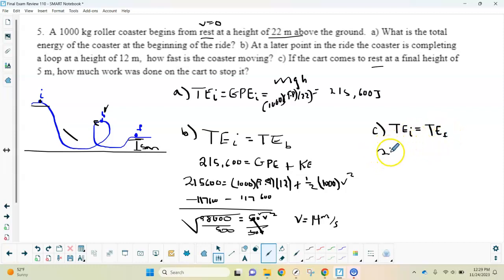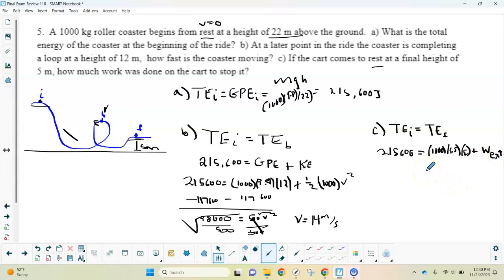So 215,600 is the initial. On the right side, we have gravitational potential energy, so it's still 1,000, 9.8. And this time the height is 5, so we're going to put in a 5 here. Sorry if that's a little sloppy, but you can hopefully understand it when I read it. And then whatever the difference in that is going to be the work, so the work by the external forces to change the energy.